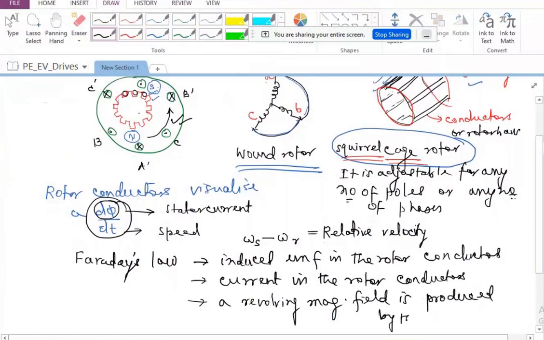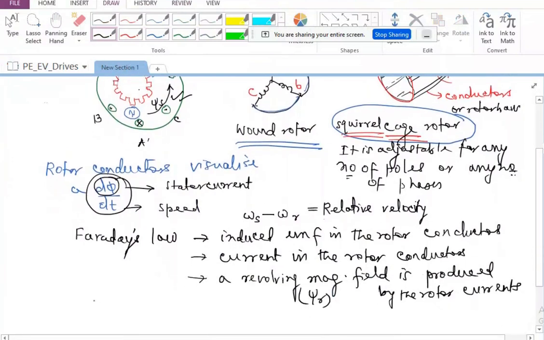So if I call this ψr, and the revolving magnetic field created by the stator ψs, the interaction between ψs and ψr creates a torque, the electromagnetic torque.